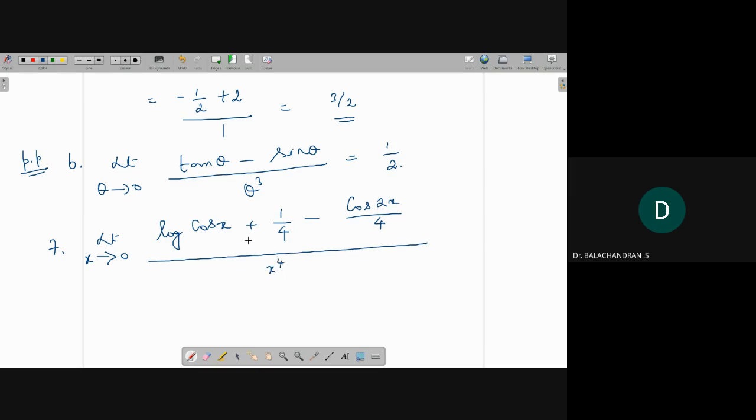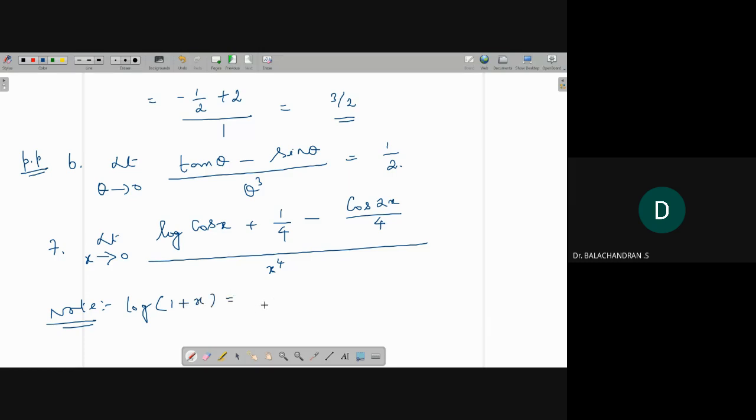So this is not a usual problem because you have log. You should know the expansion of log of 1 plus x and log of 1 minus x. I don't know how many of them studied the logarithmic series in plus one, plus two level.